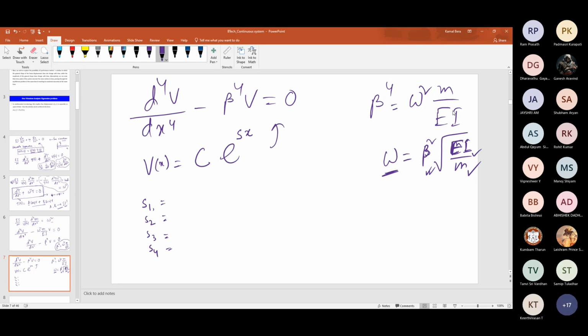Like for the second order problem, you remember we substituted C e raised to St, where it was the time variable. Here it is space, C e raised to Sx. Any issue by anybody, do not hesitate to ask me. I know most of the people are understanding, but if you have any doubt, please ask me. We have only a few classes left, 3-4 classes. You should understand at least the basic thing about this continuous system.